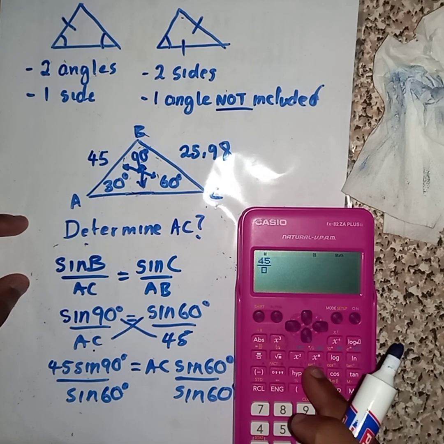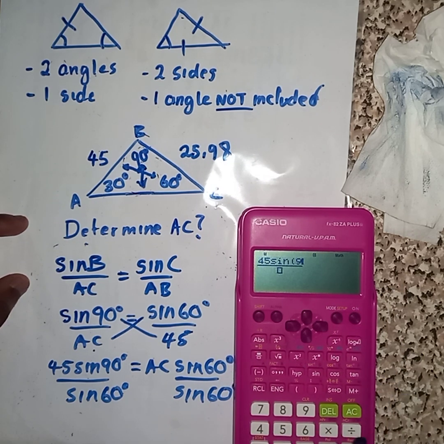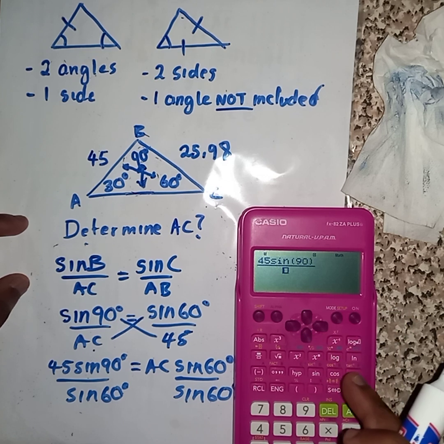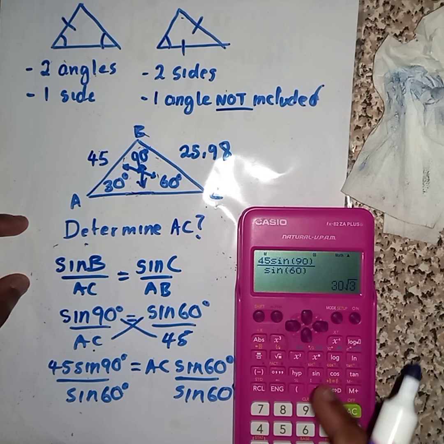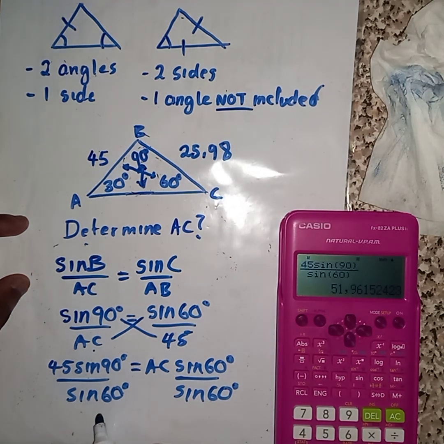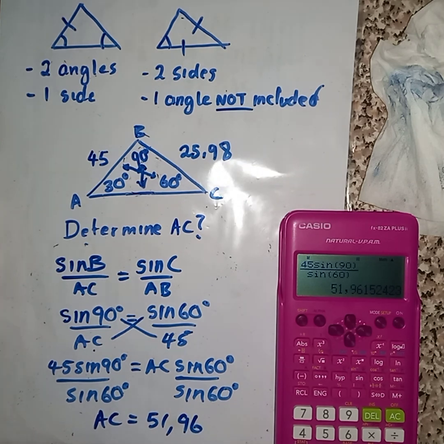It's going to say 45 sine of 90 divided by sine 60. We get, hopefully I substituted correctly, 51.96 for AC.